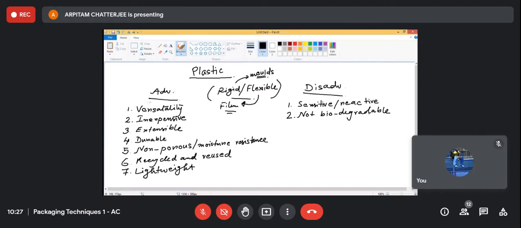Now we have a couple of advantages. Now let us come to disadvantages. Two we have already mentioned: that it is sensitive, reactive, and not biodegradable. Anything else?